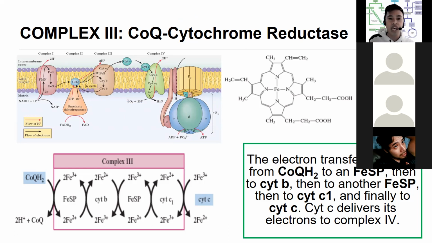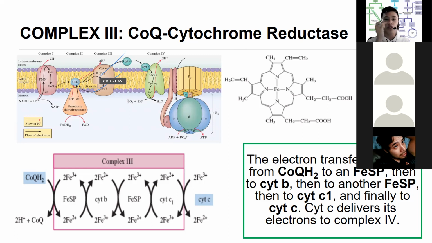How about your cytochrome C? What did you notice about cytochrome C? Was it present inside the membrane or outside the membrane? Outside. Therefore, it is polar. It is water soluble. In fact, always remember, cytochrome C is the only water soluble cytochrome, because there's plenty of cytochromes, like cytochrome B and cytochrome C1, correct?